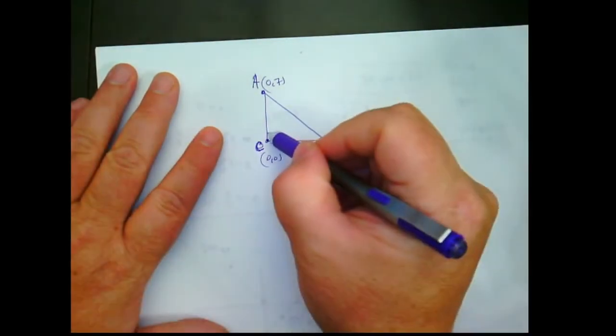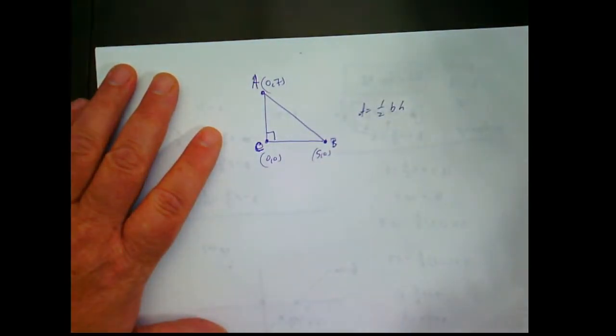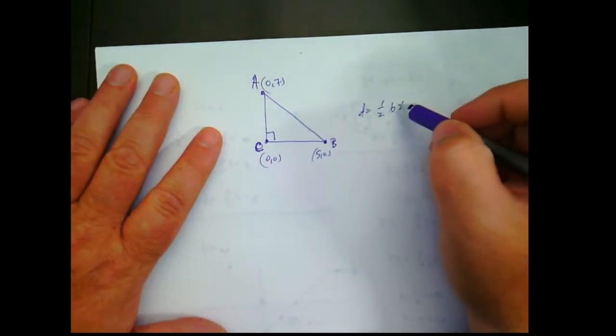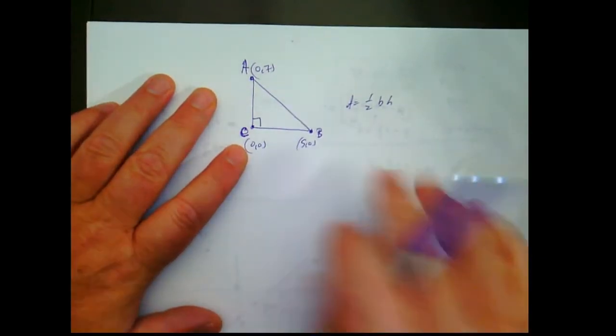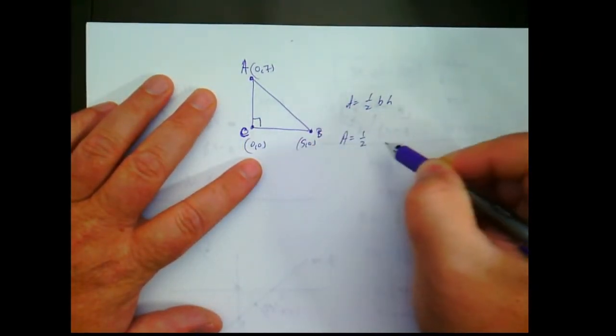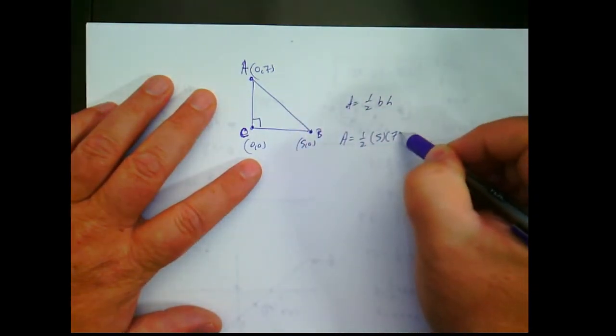So I need to find the area of this triangle. One half base times height is the formula. If I can figure out the base and the height, which have to be perpendicular, I can just plug my stuff in. So one half, this base is a distance of 5, the height is a distance of 7.